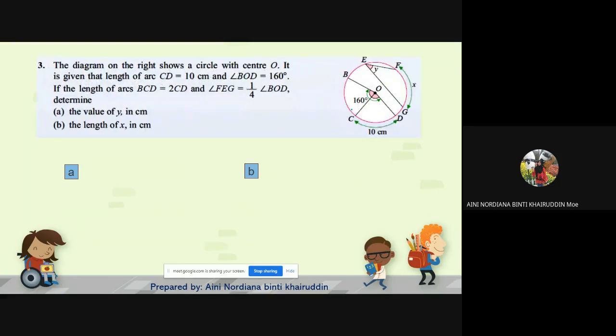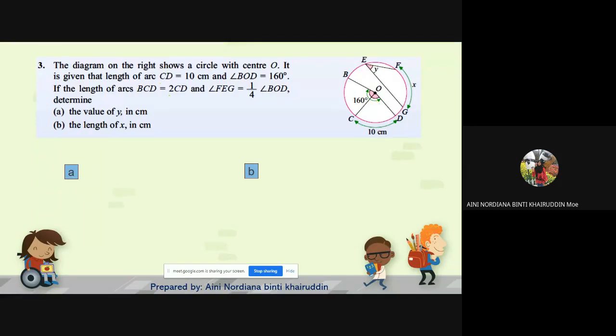Question number 3. The diagram on the right shows a circle with center O. It is given that arc CD is 10 cm, already in the diagram. Angle BOD equals 160 here.